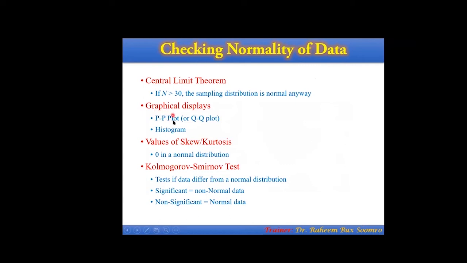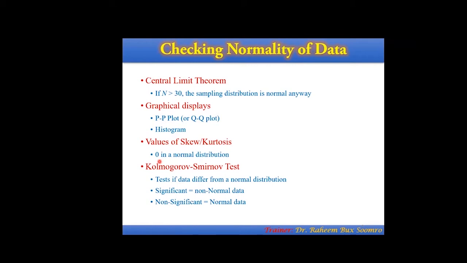You can check the PP plot, QQ plot, or histogram; these graphs can also tell you the shape of your data. And then you can also check the skewness. If the value of skewness or kurtosis is 0, it is perfectly normal. But in practice, it happens very rarely. Normally, some skewness or kurtosis values are fine, but these should not be high.